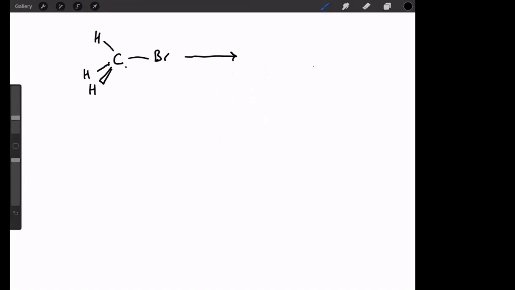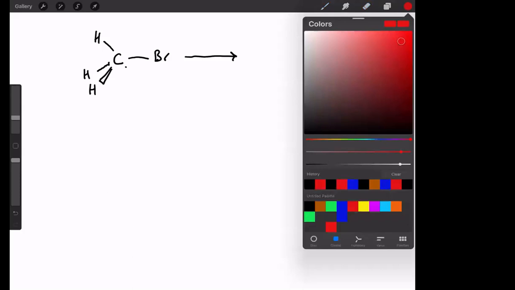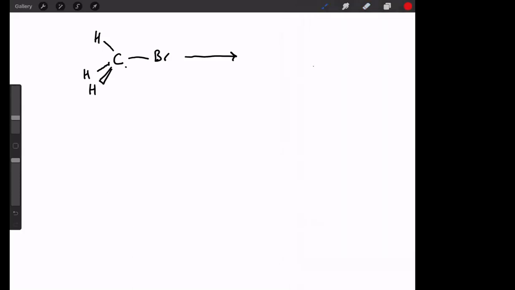The reason why the stereochemistry gets inverted is that when I think about where this nucleophile attacks, we say that there is a backside attack.